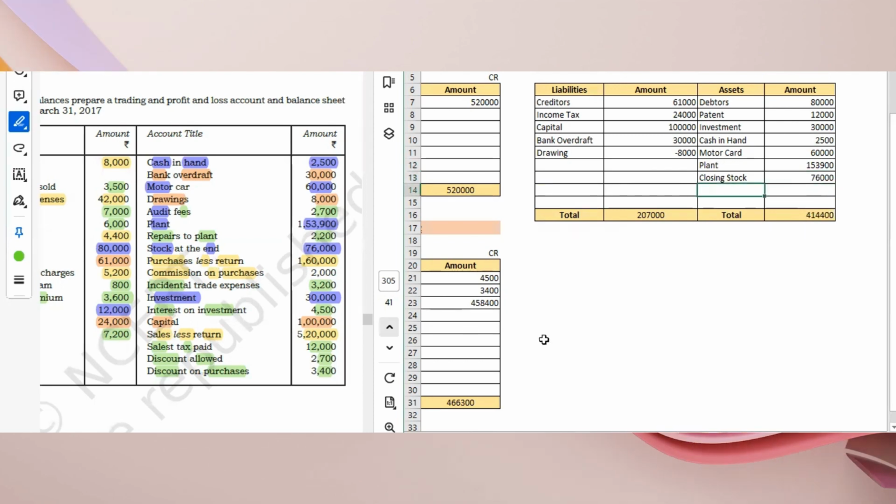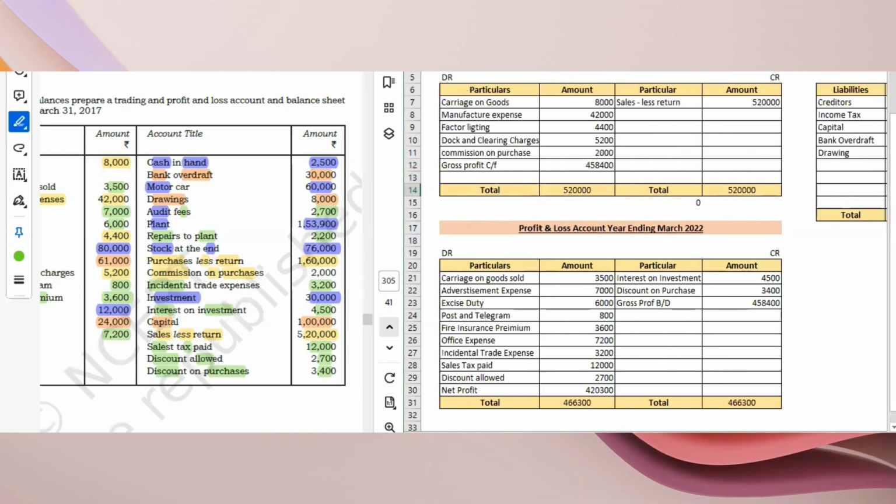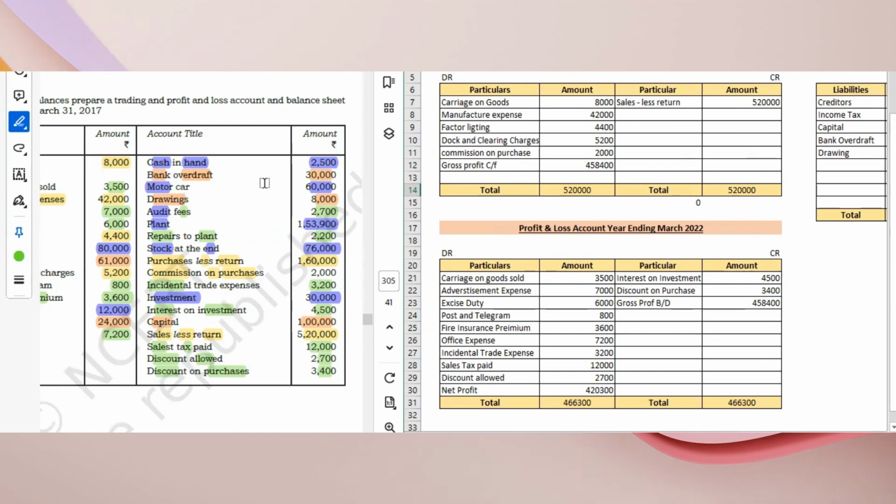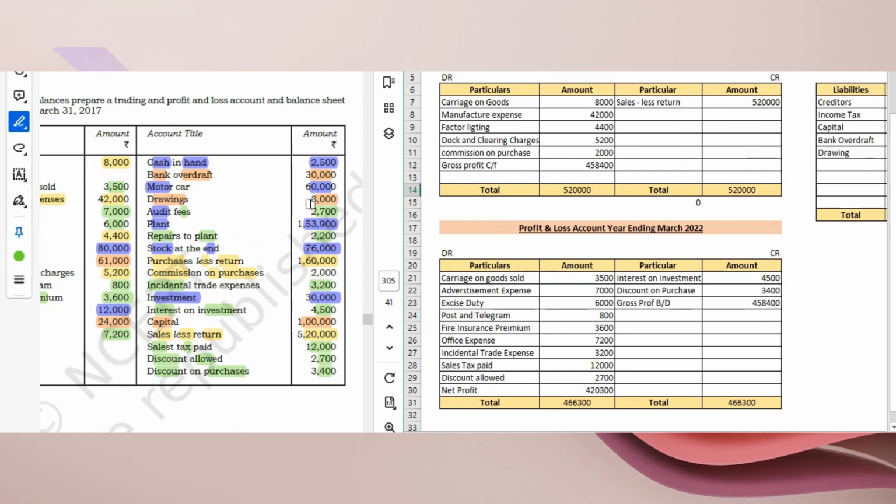Right. What we are left with are the next items. We have not mentioned all the P&L items. Cash we considered, bank overdraft also we considered, motor car we considered, drawings also we considered, audit fees.